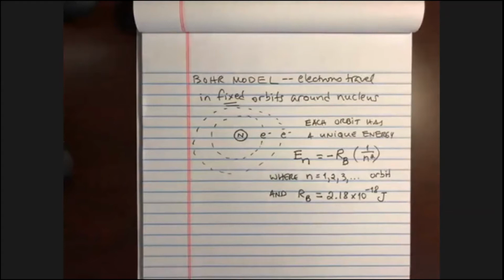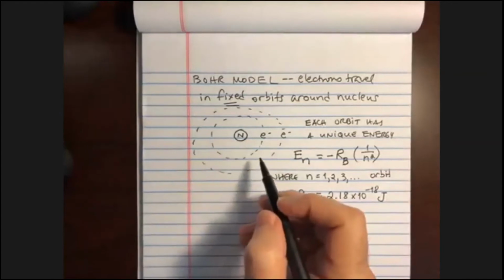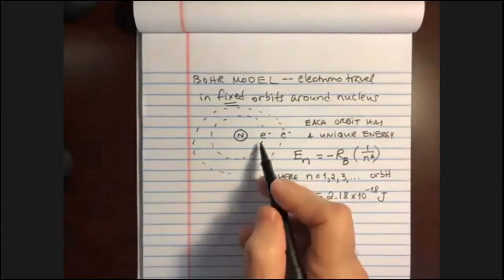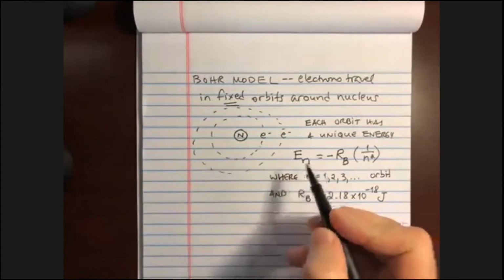So basically what he did was try to make sense of the Rydberg equations from the point of view of an actual physical model. Notice that this model already predicts something. It predicts that each electron is going to have a unique amount of energy associated with it that depends on the orbit that it's in.